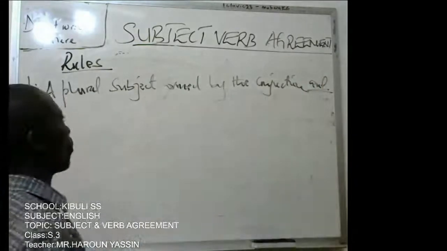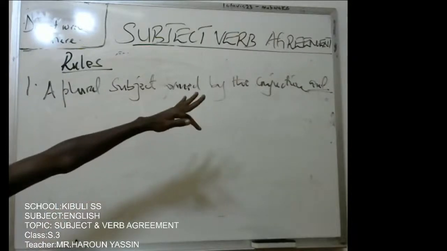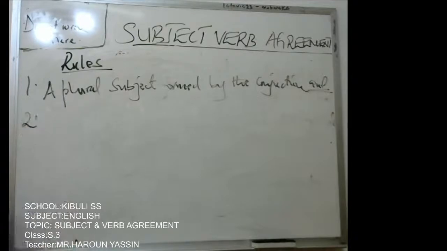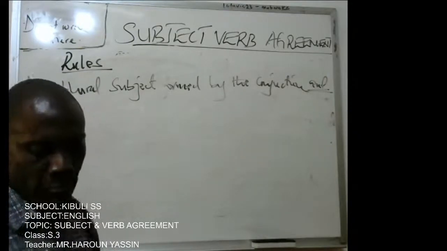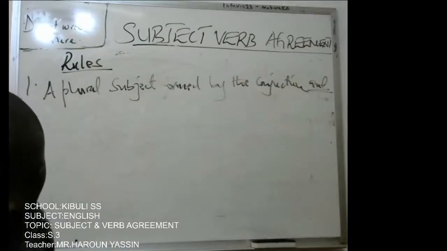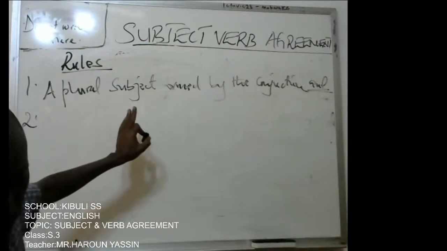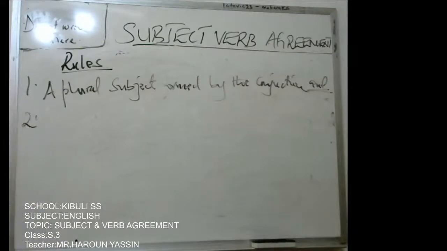Okay, that is rule number 1. Therefore, your subject should be, your verb should be also in plural. Number 2 for the rules. When 2 or more nouns are joined with the conjunction and, this is what I have put here, we have got that one. Okay, but let us look at this example if I can write the rule here.